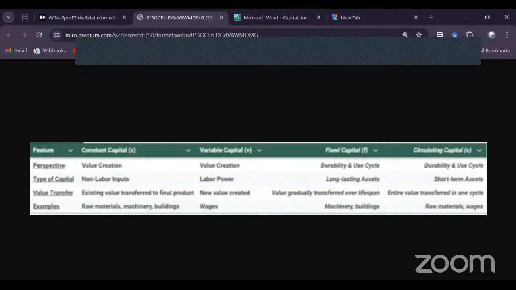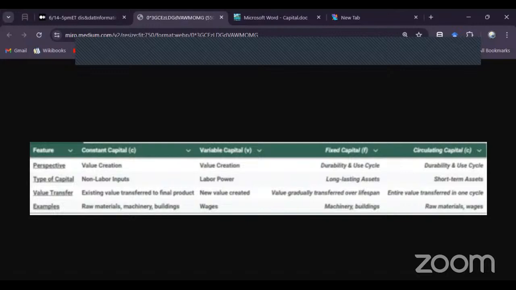So there's type of capital that is non-labor inputs, which are raw materials, machinery, and buildings, and the variable capital that's applied, and this is that question of applying labor, this congealment thing, and you're creating new value. It's labor power in column 2 or column 3, if you look at it, labor power, right?